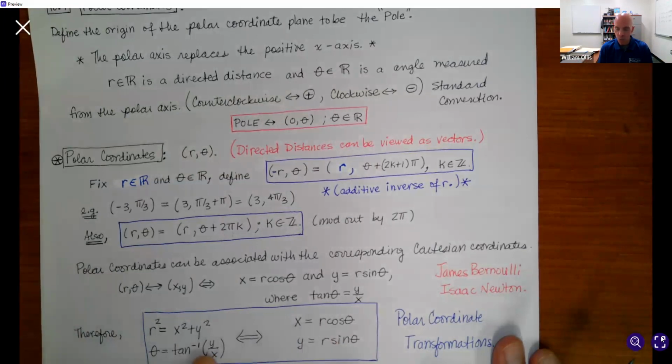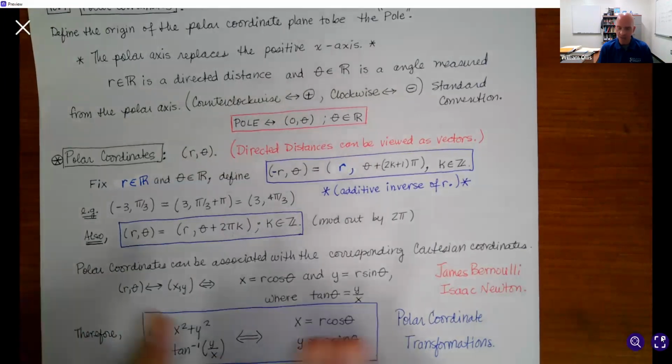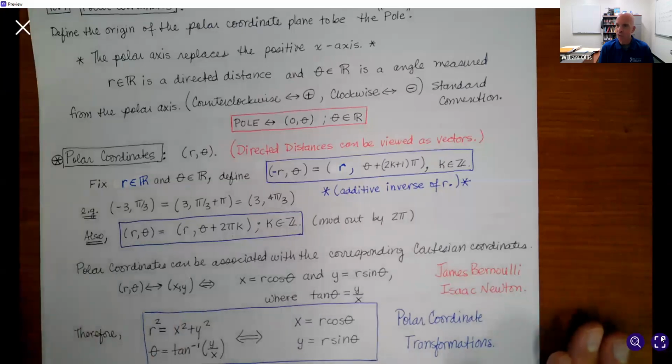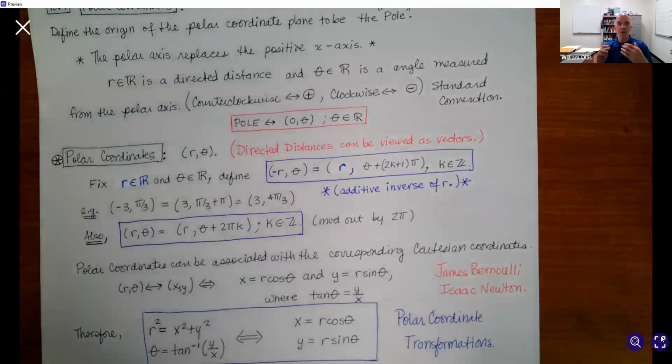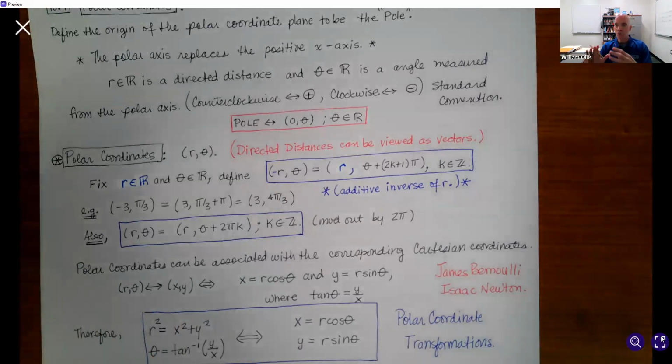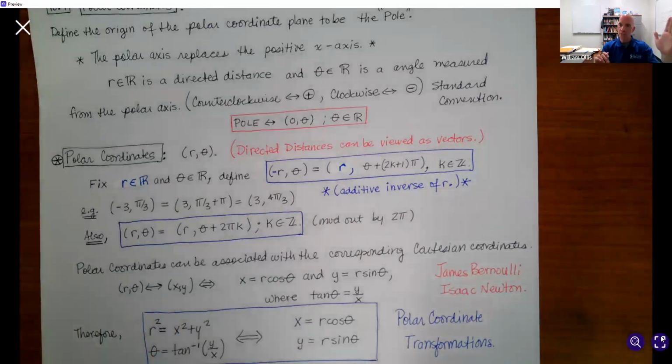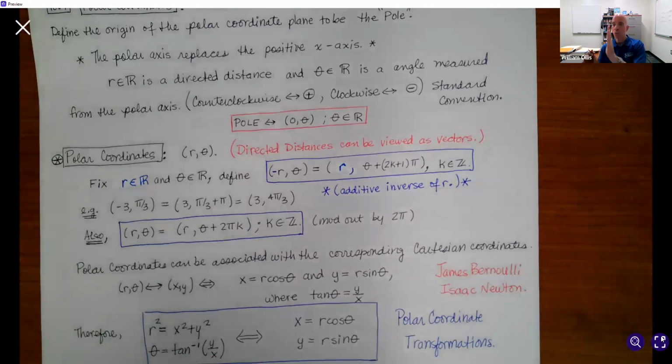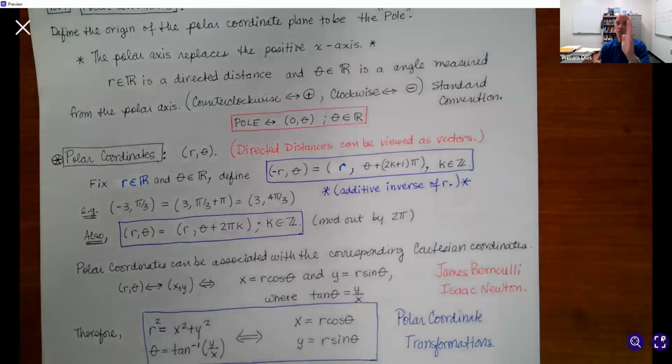So we can move between these two representations as we have an invertible transformation. When we start with Cartesian coordinates, we can move from Cartesian to polar using this. If we start with polar coordinates and need to move to Cartesian, we can use this.